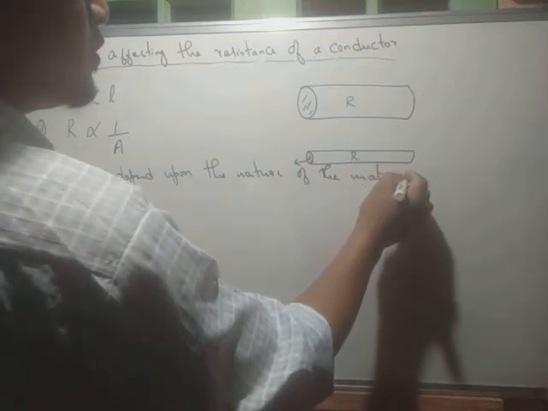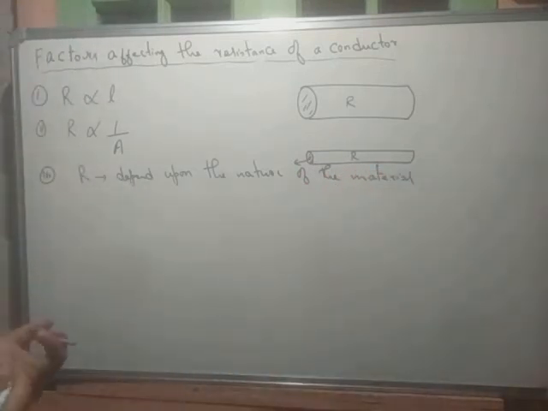That means, because conductors are of different types, you have silver, you have copper, you have aluminum, so many conductors are available on earth. But these conductors have different conductivity. So therefore we say that this resistance also depends upon the nature of the material. What type of material are you taking, so that accordingly we can have the resistance.